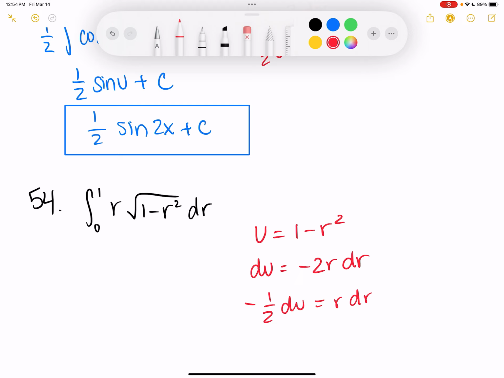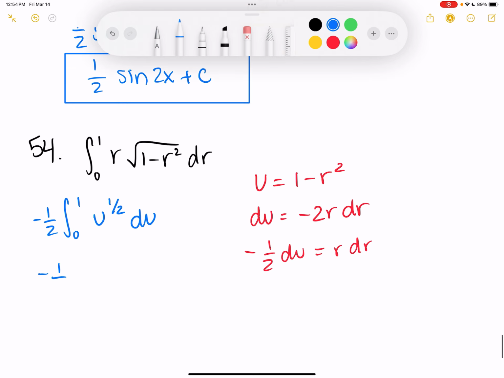So now I have negative 1/2 in front, integral of u to the 1/2 du. The antiderivative of u to the 1/2 is 2/3 u to the 3/2 plus c.